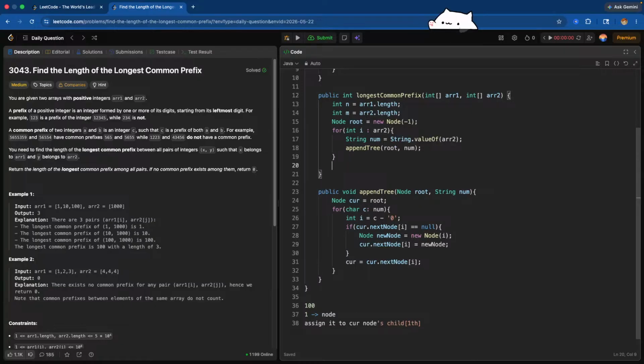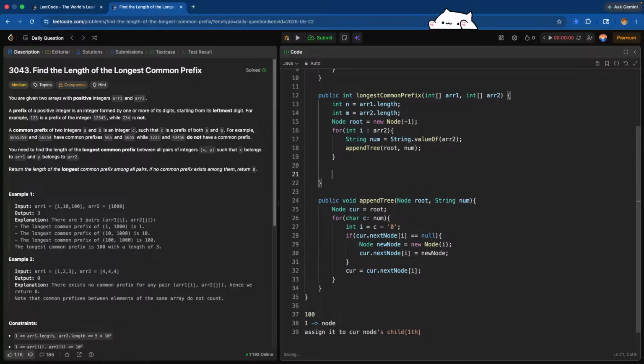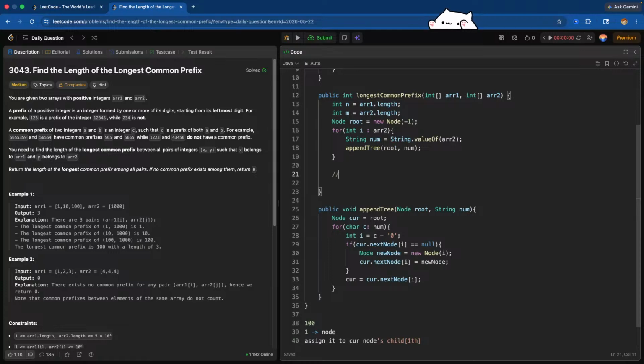Okay, this will append my prefix tree. This will make my prefix tree. And then next we need to compare. For comparing, we would need a search basically.